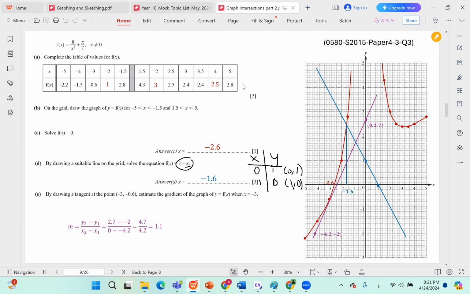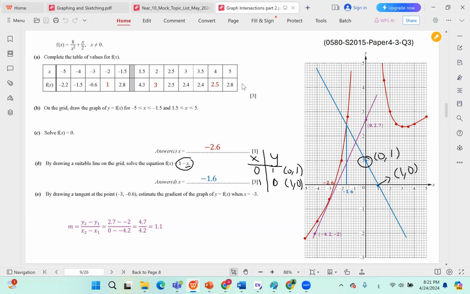So the line goes from 0, 1, which is this point here. So there seems to be a mistake here. Oh, we're talking about the blue line. Excuse me, this is my mistake. So 0, 1, this is the point here. This is 0, 1, and 1, 0. And we join them together, and we create the line that we want.